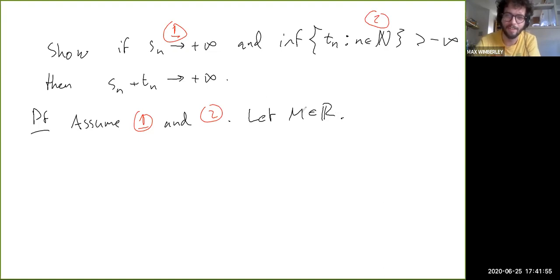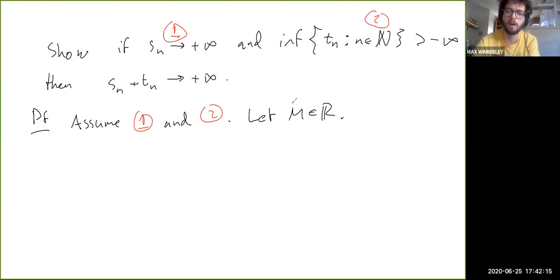Remember, whenever you're trying to show something about convergence or divergence to infinity, you have to let these variables exist, which you have no control over, and then you have to do stuff with them, right? That's the general pattern that we want to follow.